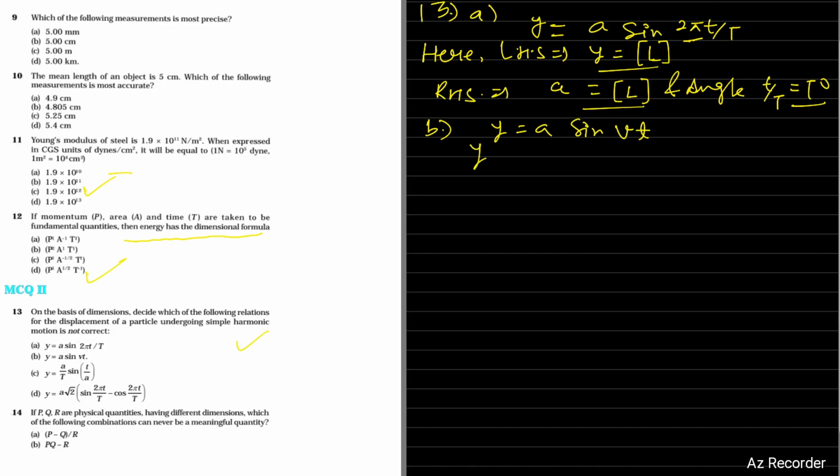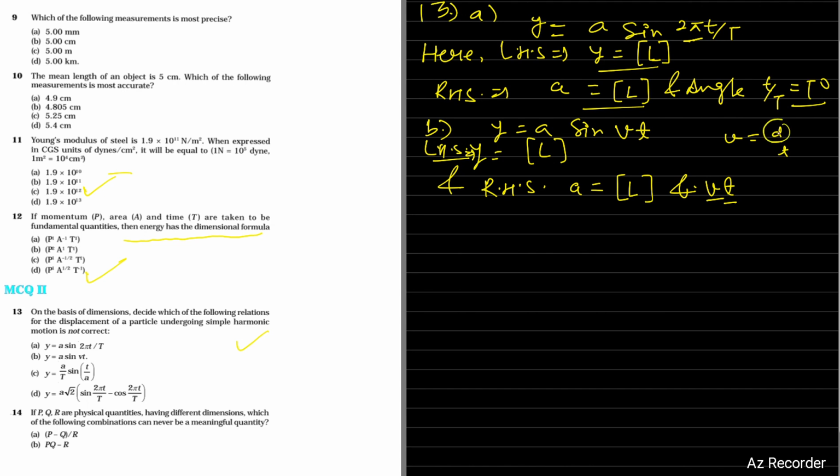It is simply that Y is the same again, LHS, it would be L, and RHS, it would be A, which is equal to L. And again for Vt, it is simply velocity times time, and we know that V equals d upon t, so it is simply d upon t multiplied by t, then it will give output as L. So again we say L, L, L, they are the same.